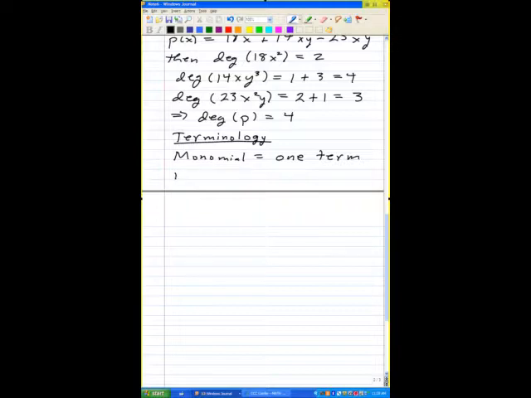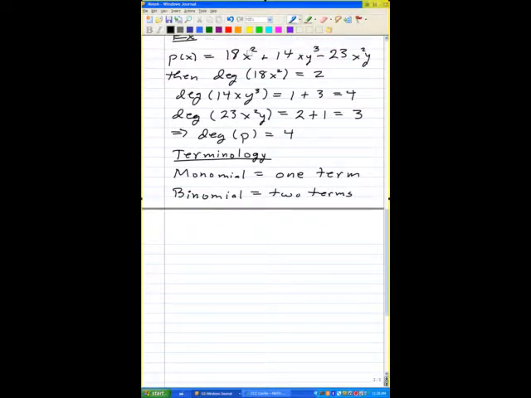A binomial is one that consists of two terms, such as 18x squared plus 14xy cubed.